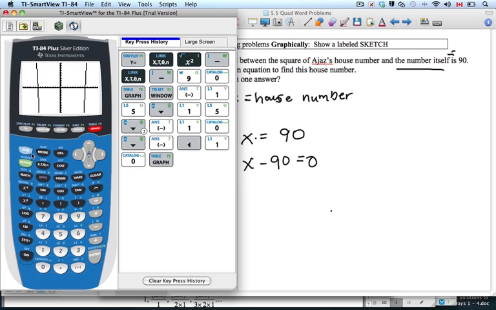Now to do it, we go second trace, which is our calculate menu. And we want to know the zero. Number 2. Now it's asking me a question. It says left bound. So we want to pick a value that is to the left of this. Doesn't matter what value it is, just somewhere to the left.